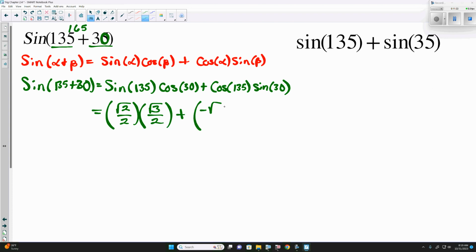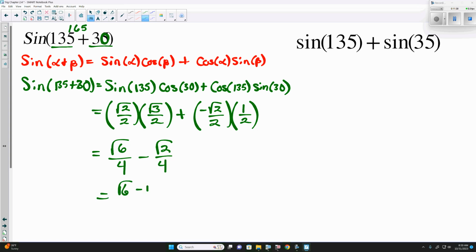Cosine of 135 is still negative square root 2 over 2. And sine of 30 is 1/2. And what that gives us is square root 6 over 4 minus square root 2 over 4, which gives us the square root of 6 minus the square root of 2 all over 4.